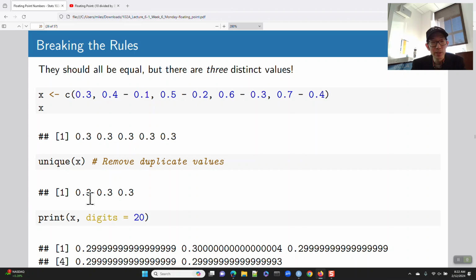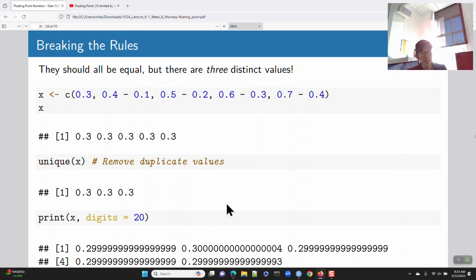So we actually have 3 unique representations of 0.3. We have 0.299 with a bunch of 9s. We have 0.3 with a bunch of 0s and then ending in a 4. We also have 0.2999999 ending with a 3.